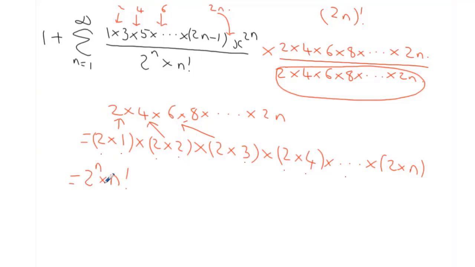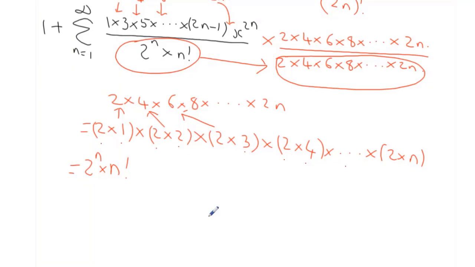That's in addition to the 2 to the n times n factorial that we already had. So now our Maclaurin series is 1 plus the sum from n equals 1 to infinity of.